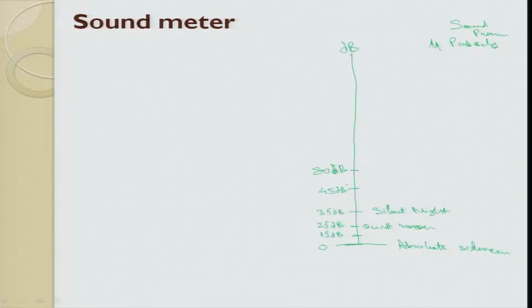Okay, I'll take you to the higher sides. Now the 120 decibel is the sound of, I'll give an example, maybe a shipyard, right? When you are out on the deck, you will find high sound.